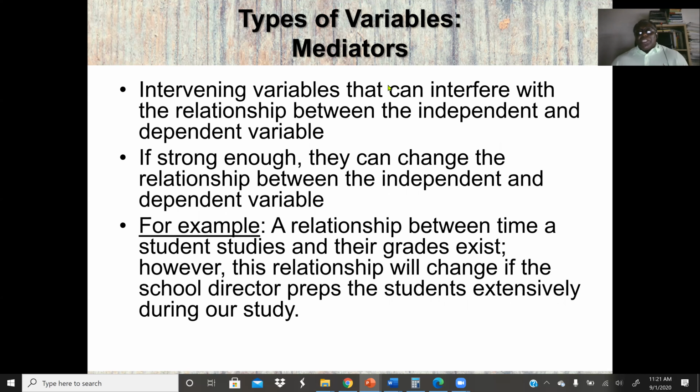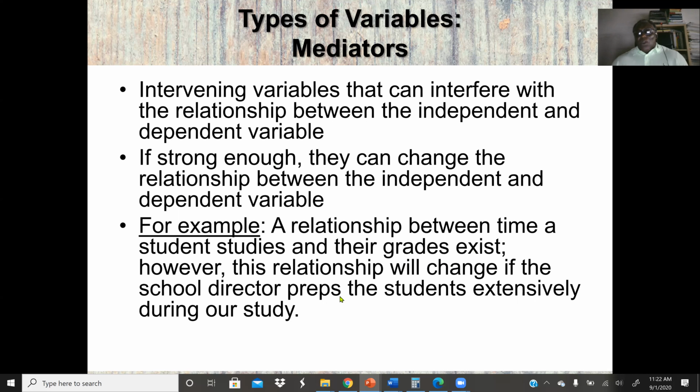We also have a mediator, so intervening variables that can interfere. Remember, intervening variables, same as confounding variables, can interfere with the relationship between the independent and dependent variable. If strong enough, they can change the relationship between the independent and dependent variable. The example given here said a relationship exists between the time a student studies and their grades.